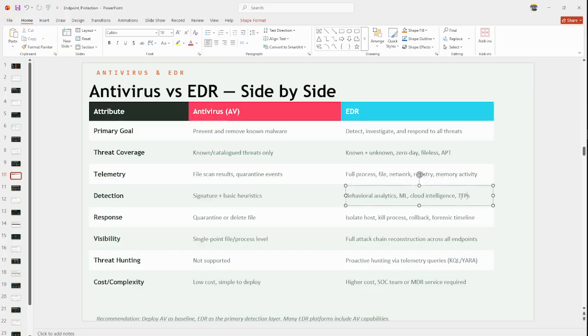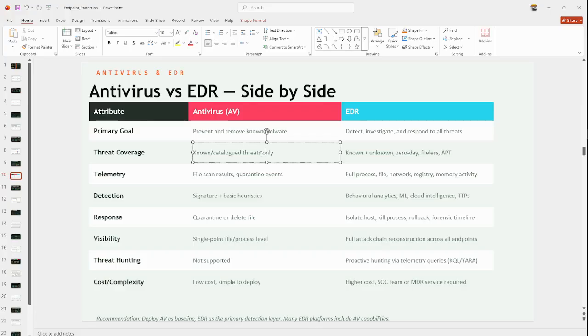Okay, so CrowdStrike directly will be checking all your laptop, what is happening inside. They will not detect the data, but they will check the connection and process live, whatever is happening here. Threat coverage for antivirus is only for known or catalog threats only.